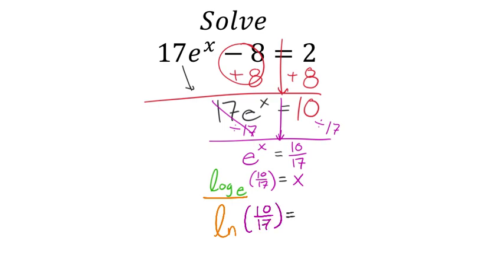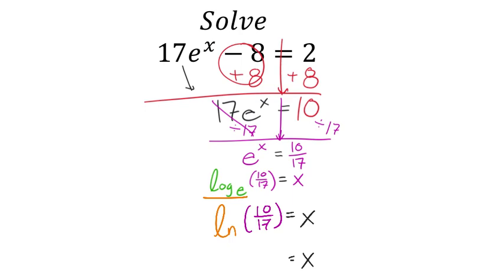So I, of course, can't do this in my head. So I'm going to go to my calculator. I type in natural log, ln, 10 over 17, enter, and it gives me the decimal. This is my x value.